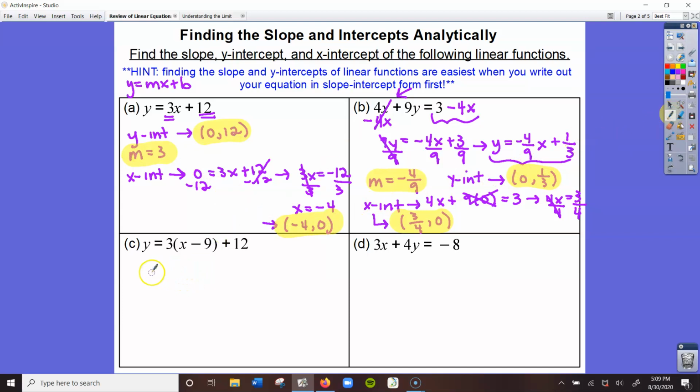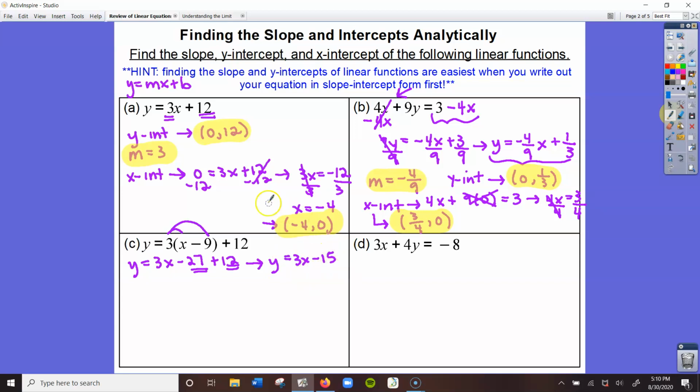Now moving on to C, we have y equals 3 times x minus 9 plus 12. Now this is looking like it's almost in slope-intercept form, so I'm just going to go ahead and finish it by distributing this 3. When you do that, you get y equals 3x minus 27, and then the plus 12, which we can combine like terms, and our equation could be rewritten as y equals 3x minus 15.